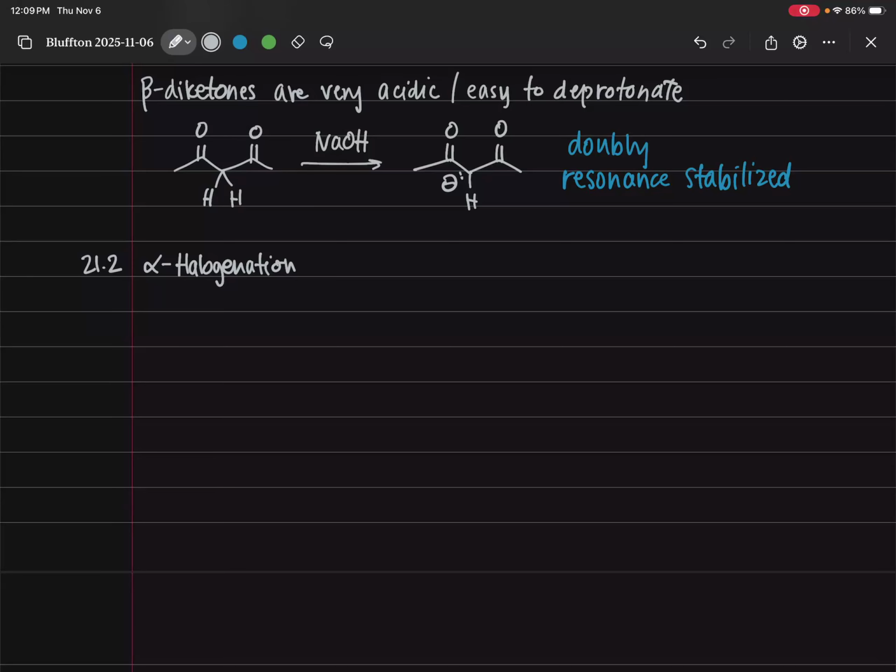The alpha position. Yeah. So if we have acetone, we react that with elemental bromine. This doesn't look like it will do anything. And it won't until you add some acid catalyst.